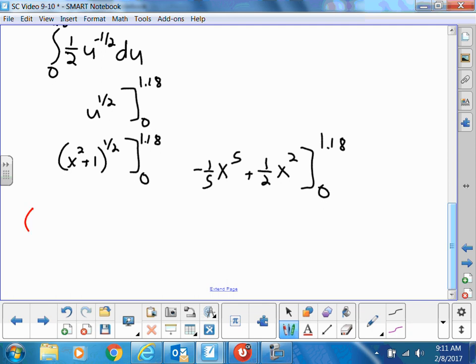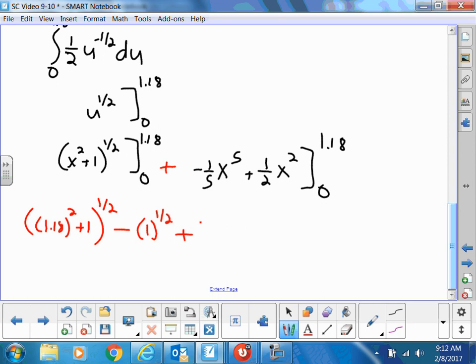So we are going to have 1.18 squared plus 1 all to the 1/2, minus, when we sub in 0, the 0 squared is 0, so we'll just end up with 1 to the 1/2. Now here's a case where 0 doesn't wipe everything out. So you can't just assume that 0 wipes everything out. And then this was a plus in here that I forgot to carry down.